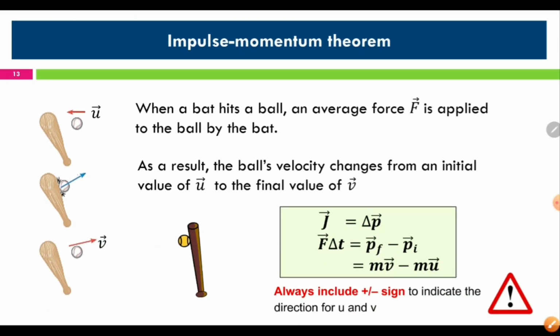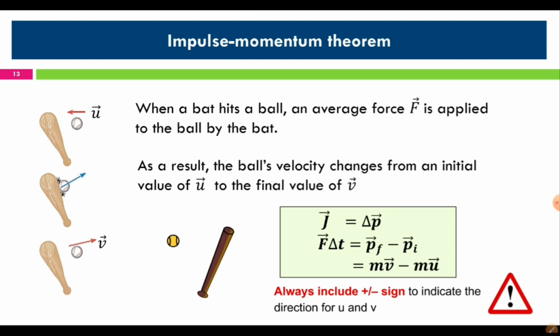By referring to this animation, when a bat hits a ball, an average force F is applied to the ball by the bat, causing impulse to occur. As a result, the ball's velocity changes from an initial value of u to a final value of v.